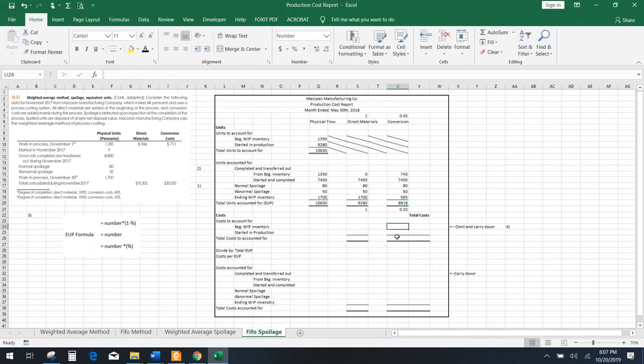Okay, now we have to come down here to the cost section. Because this is a FIFO problem, we're going to omit this beginning work in process inventory number from our cost per EUP calculation. So I'm going to place them in there, but I'm not going to total that number whenever I come down here to get a total.